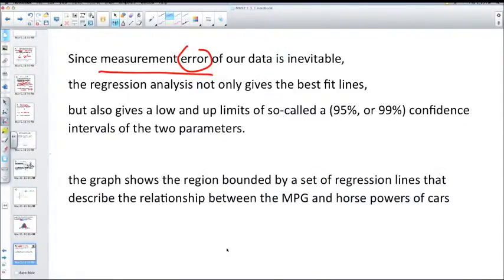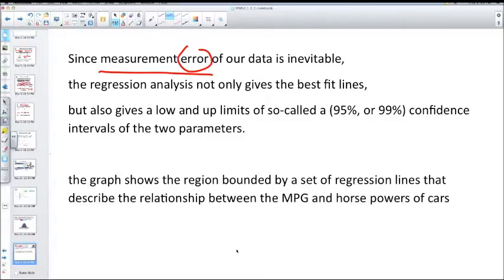If that's inevitable, instead of giving a solid straight line and saying, hey, here's the relationship between the chicken and the food it consumes, it's better off to give a range of different fitting lines, and then you say, that's probably a good estimate based on our data. So let's look at the next.